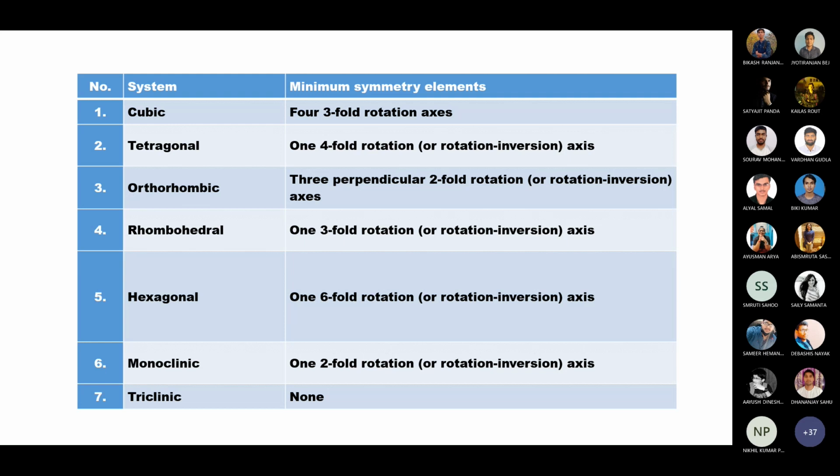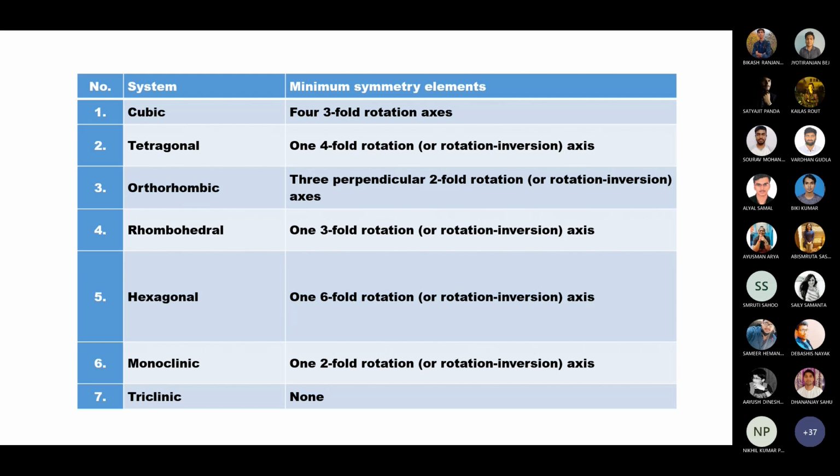If you take the diagram of the cubic, and all of you understand the Miller indices of a particular plane and the diagonal of a cubic system, the 1-1-1 direction, the diagonal, then if you rotate about it you will have a threefold rotation. Threefold rotation means you divide 360 degrees by that number, so there will be a 120-degree rotation, after which things will be the same.